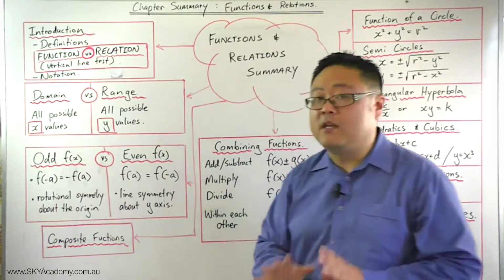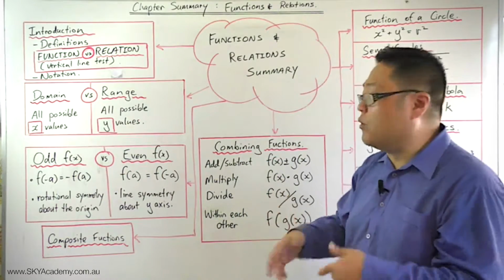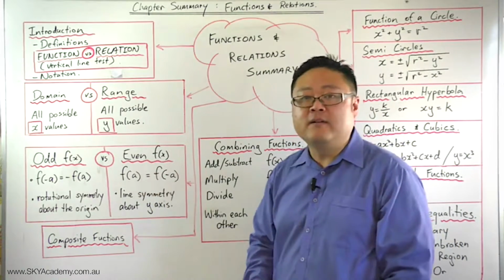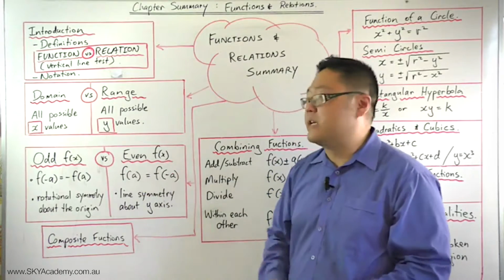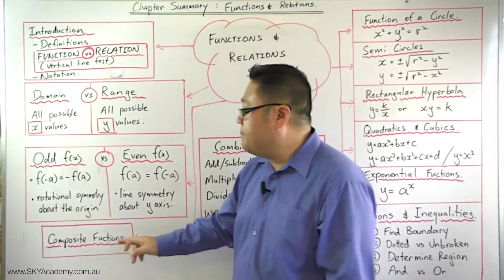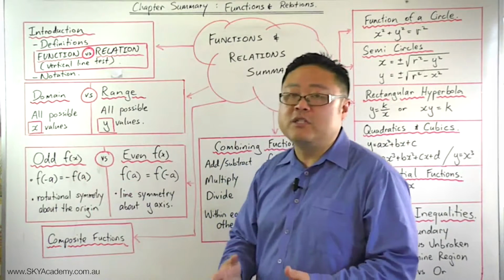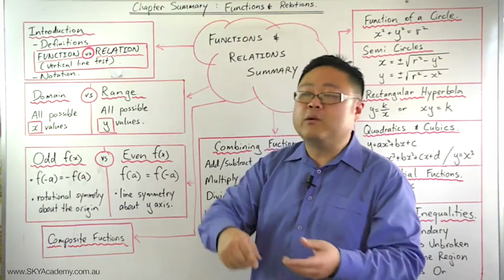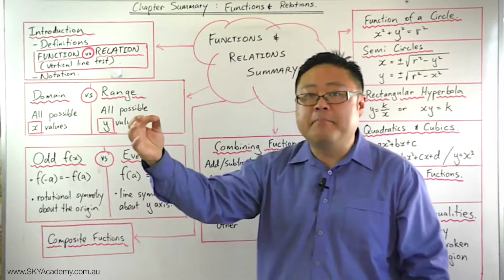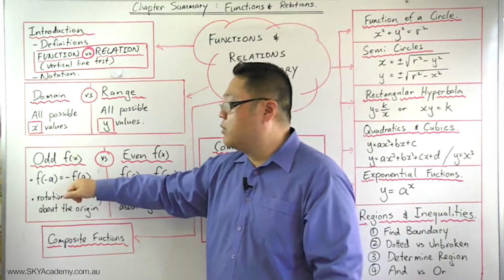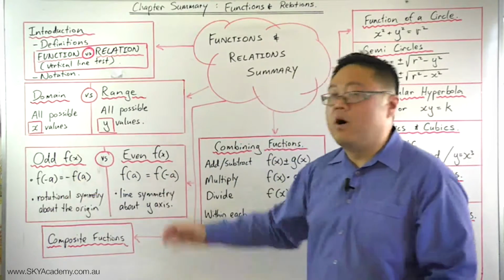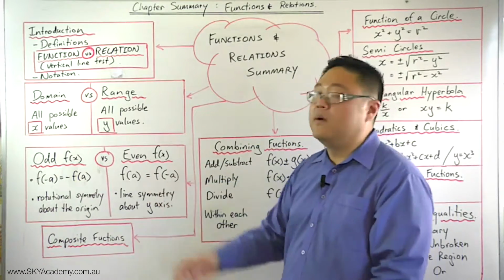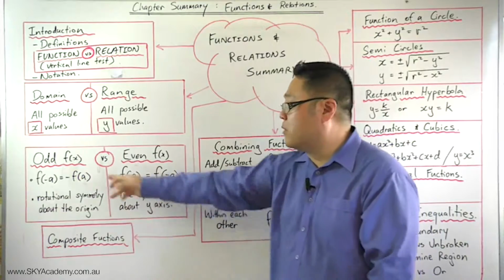So that's odd and even functions. Most functions aren't going to be odd or even; they're actually quite a special thing. And the reason they're called odd and even functions is that typically y equals x to the power of an odd number gives you an odd function, whereas y equals x to the power of an even number gives you an even function.